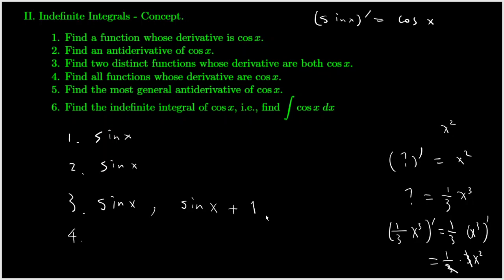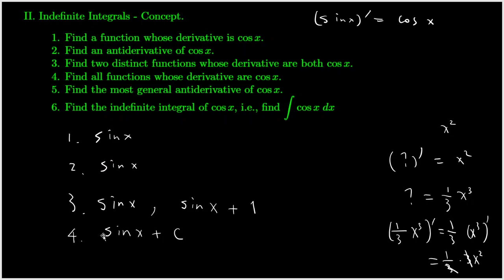Actually, in question 4, we are looking for the general form of all the antiderivatives of cos of x. I'm going to tell you the answer, it's simple, right? The answer to question 4 is sine of x plus c. You can add any constant: you can add 1, you can add 2, you can add 0.5, you can add pi, you can add e.